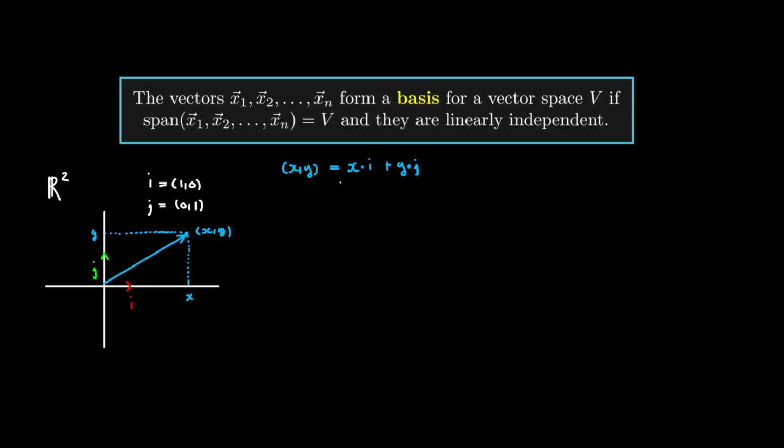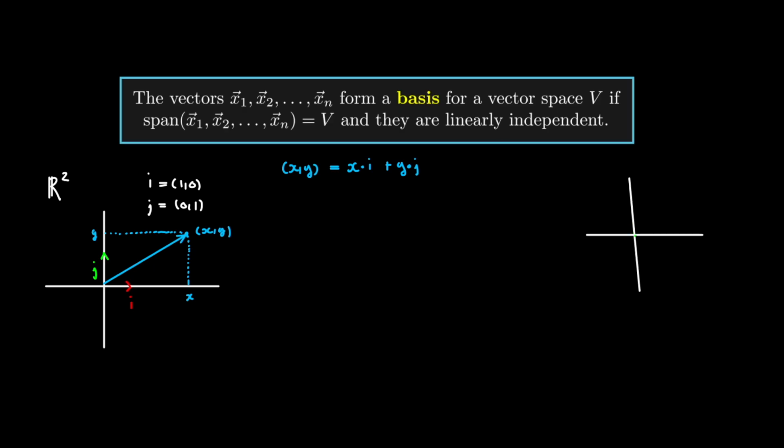But not just I and J have this property. There are other vectors. Imagine I take I and J and I create a new set of vectors. So for instance, okay, let's just say we have our Euclidean space here, two-dimensional Euclidean space. Again, we take I and J, but let's rotate them slightly.